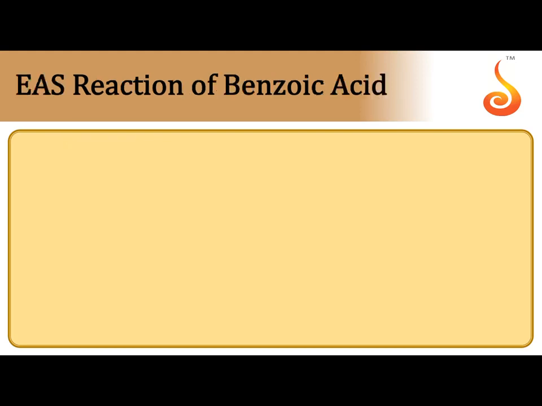EAS reactions of benzoic acid are similar to benzaldehyde. COOH present on the benzene ring may be planar with the benzene ring or may not be planar with it. So planarity leads to the formation of resonance structures. C double bond O can take electron density from the benzene ring.